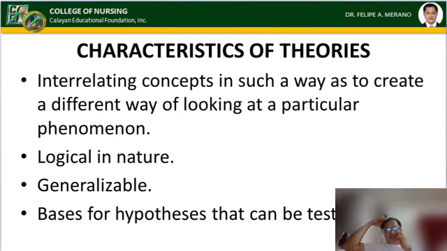When it's generalizable, it is not conceptualized for certain issues only, but will help with general issues in a broader sense. And next, the hypothesis can be tested. You will better understand this when you take the subject Research in Nursing.